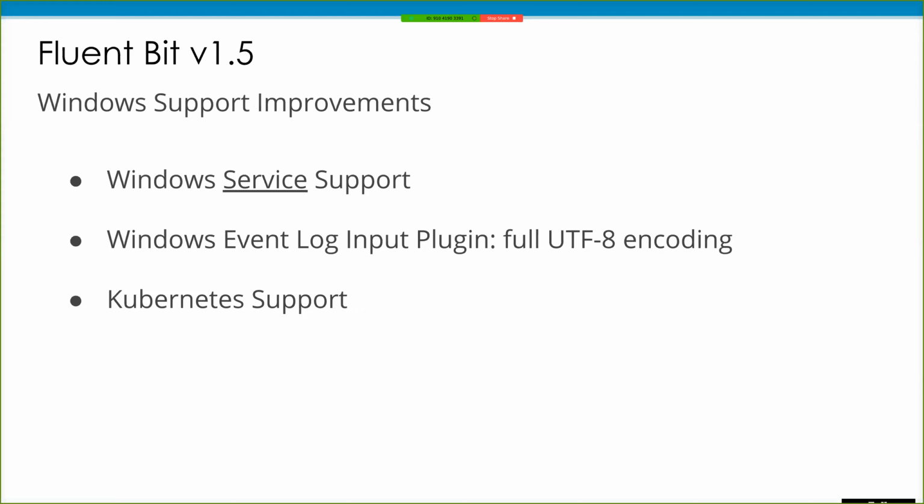The plugin that collects Windows event logs, which is the logging mechanism for the Windows engine, can now fully encode all these messages in UTF-8. We also have full support for Kubernetes on Windows. I know that for many people this is a surprise, and for us it is too. But yes, you can run Fluent Bit on Windows and also manage all your Windows pod logging data with Fluent Bit without any problem.